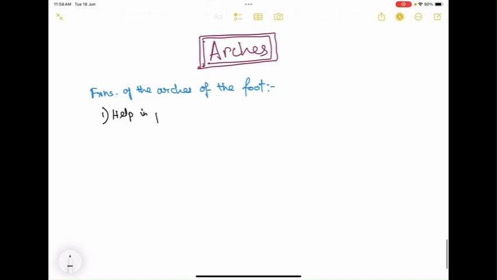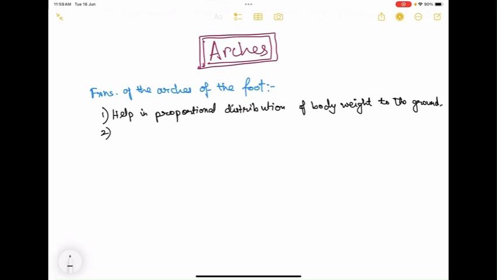Help in proportional distribution of body weight to the ground. That's one point. Arch of foot acts as a segmented lever. Very important point, this one.